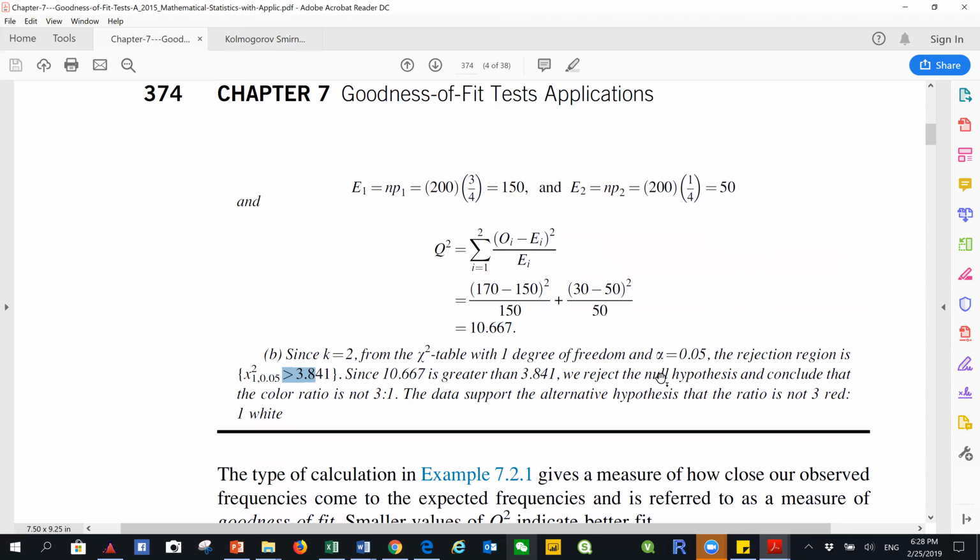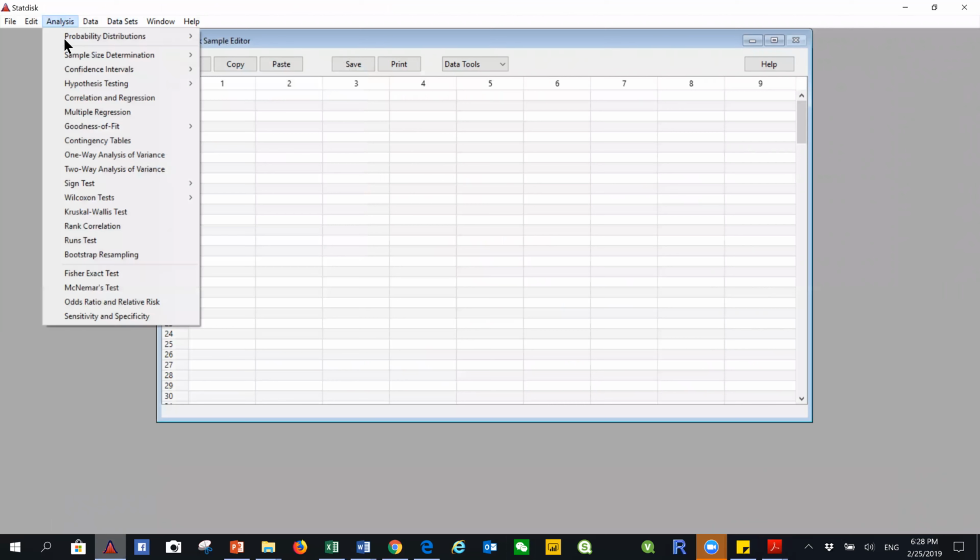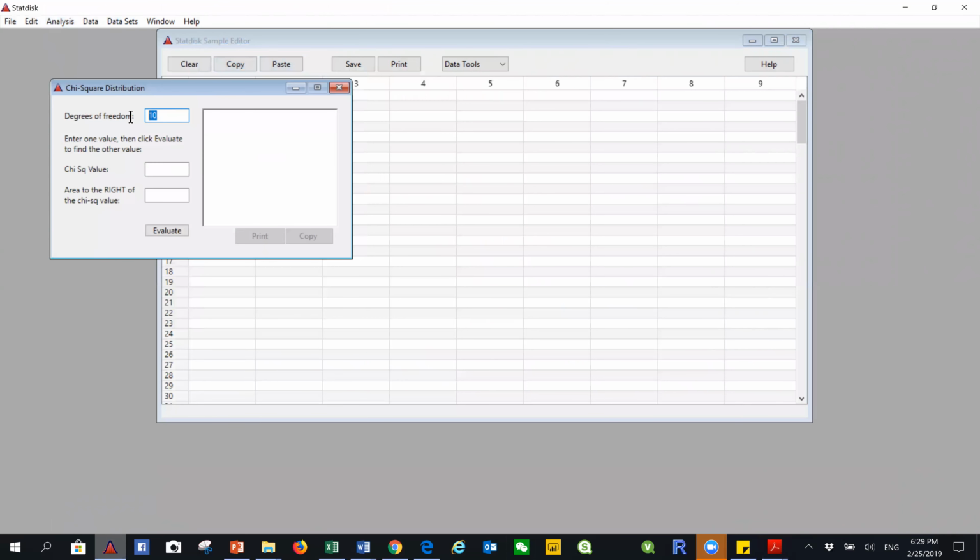Okay, and if you plug that into the table, or use StatDisk or R, I prefer a simple tool like chi-square. You can plug in 1, 0.05, if you have downloaded that. Under analysis, probability distribution, chi-square, you plug in degree of freedom is 1 to the right of the chi-square 0.05.